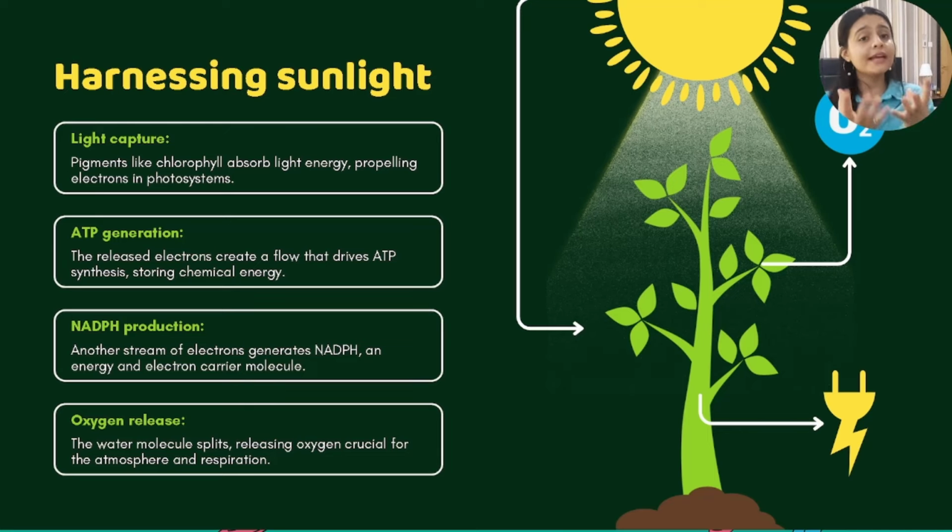So this giving and taking of oxygen and carbon dioxide results in the balancing of these two major gases in our atmosphere. There is a question in your NCERT: how do these two gases balance in the atmosphere? By the process of photosynthesis.